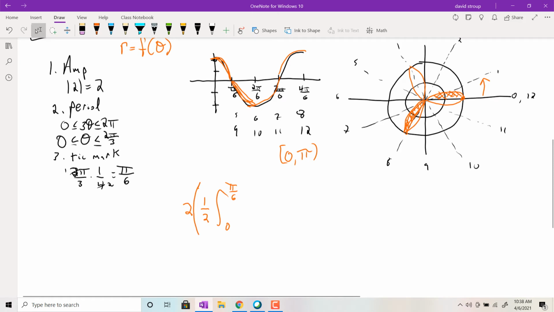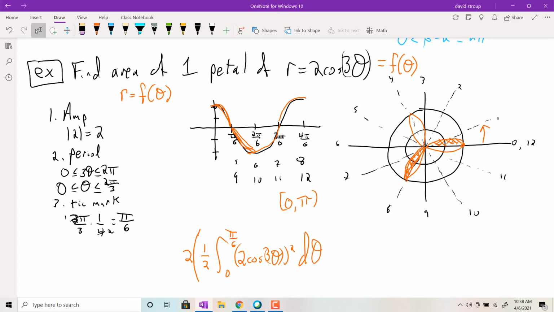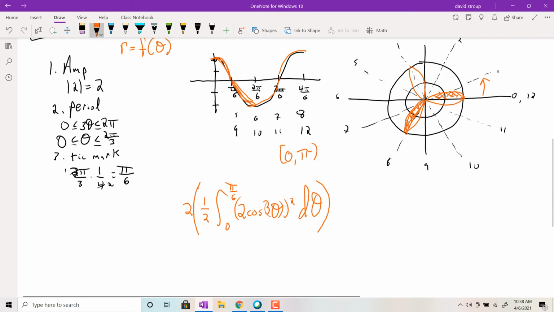So what do we have then? Inside the integral we'll have 2 cosine of 3 theta, squared, d theta. You could do that, but that's going to be equivalent to integrating from 0 to 2 pi over 6.